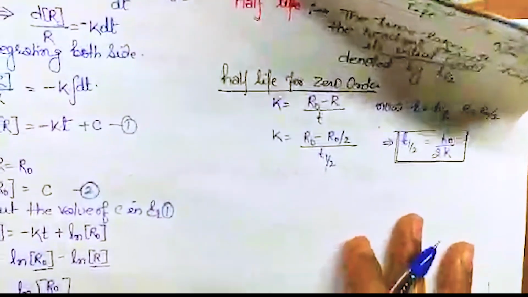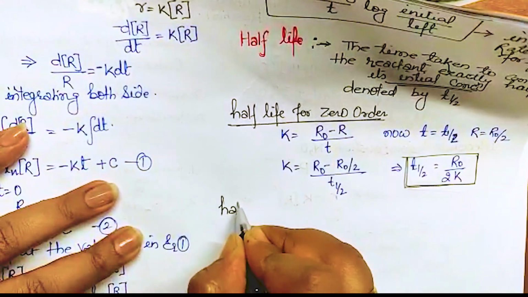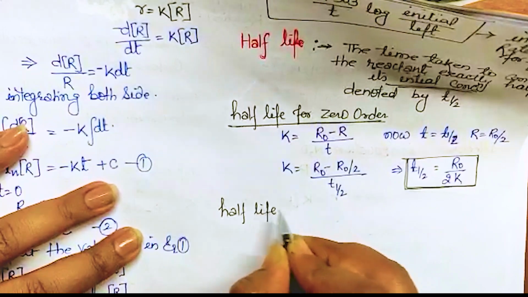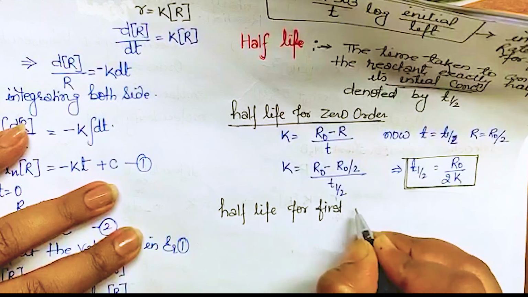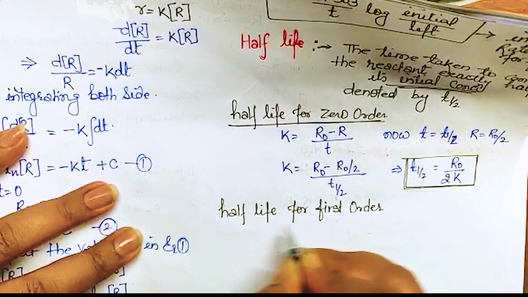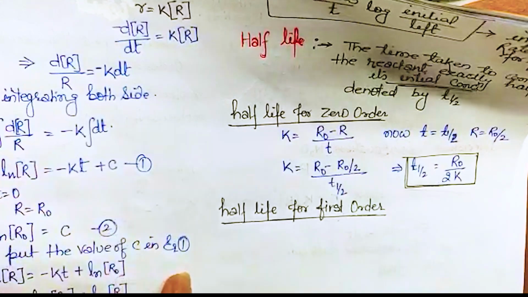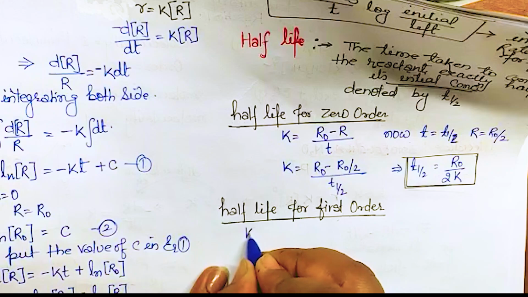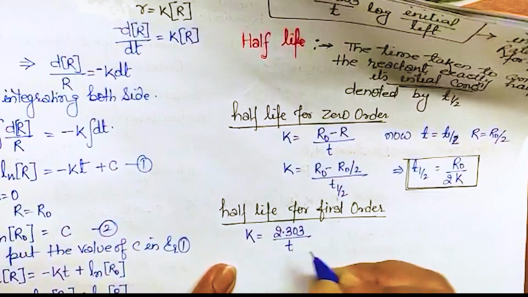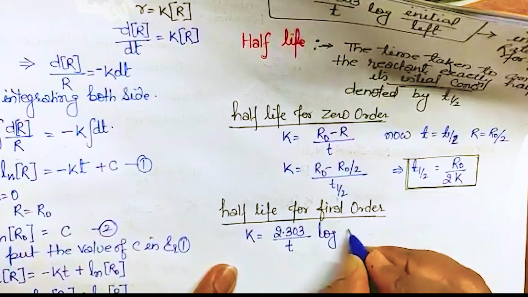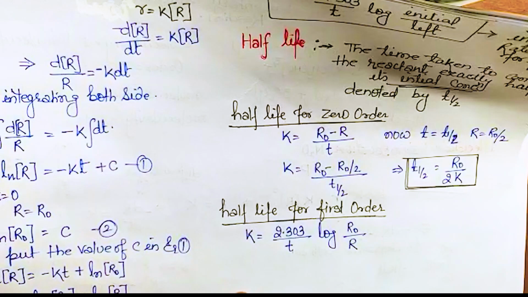Now, if we have to find half-life period for the first order reaction, just start with the formula that integrated rate law is K is equal to 2.303 upon T log initial upon left, like this. This was the formula.